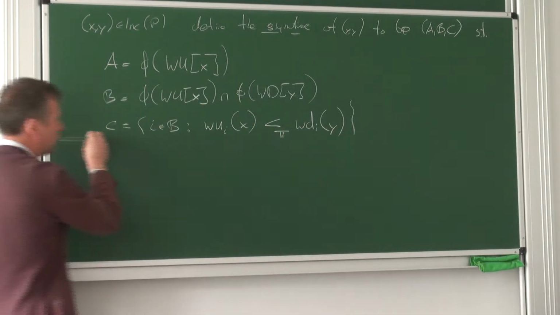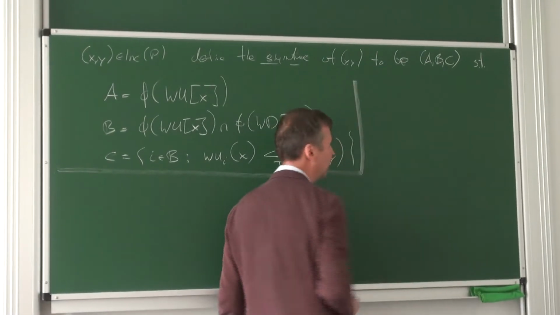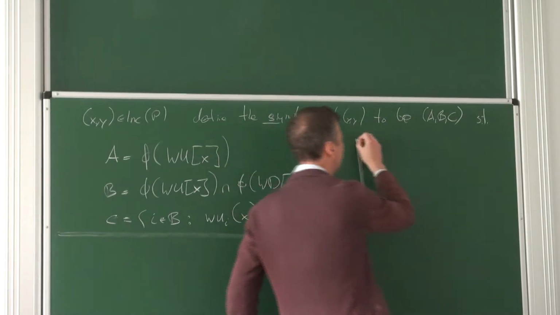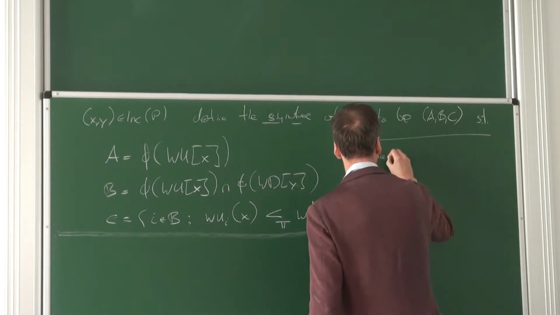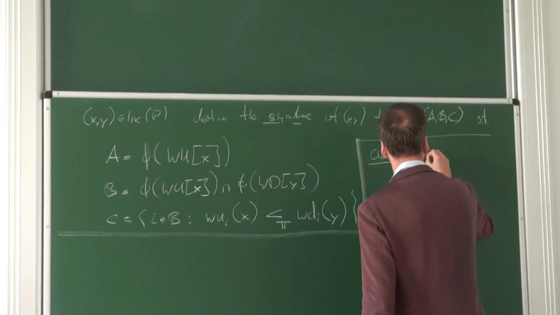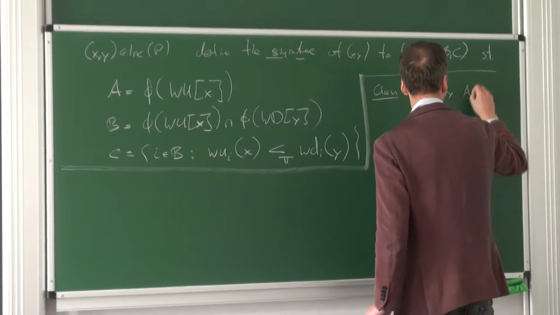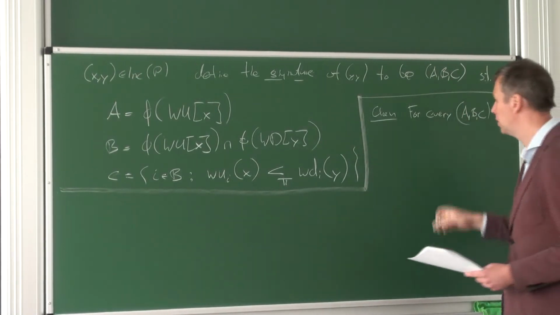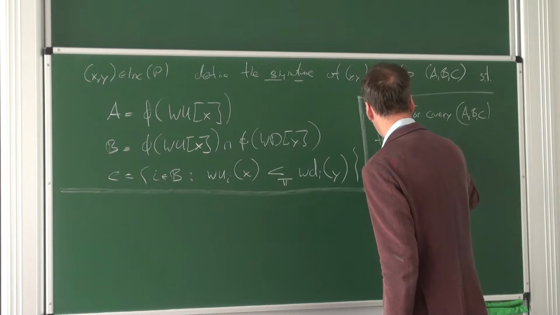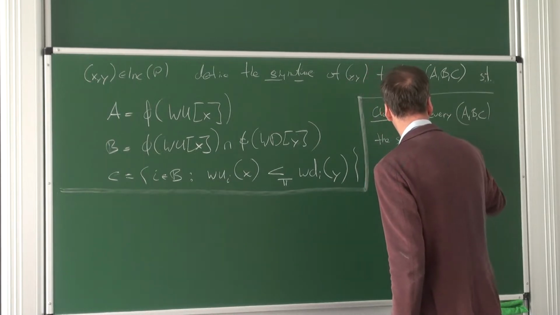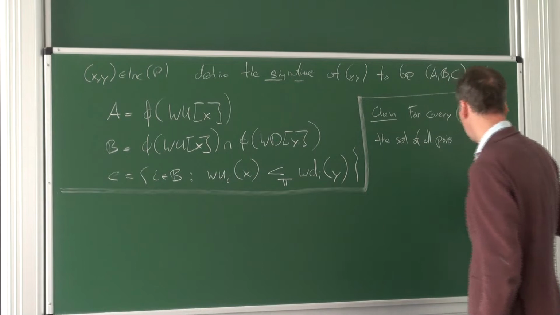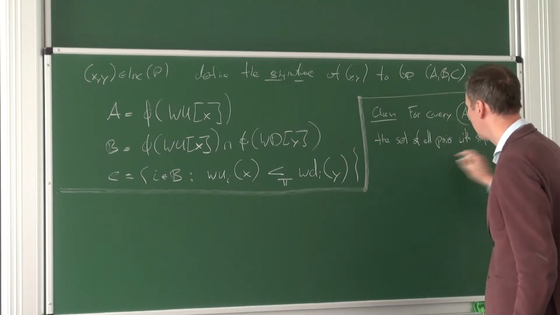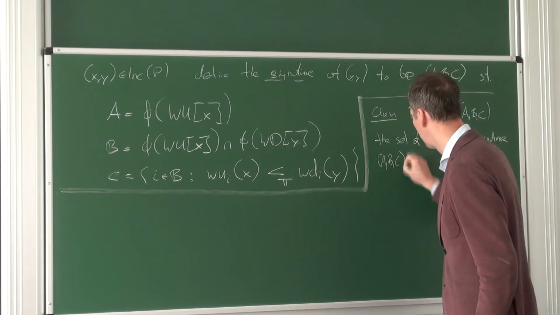So that's a signature of an incomparable pair, and the claim is that for every possible evaluation ABC of a signature, the set of all pairs with signature ABC is reversible.